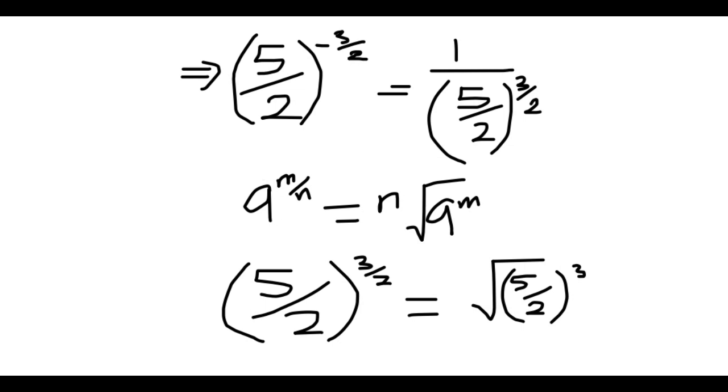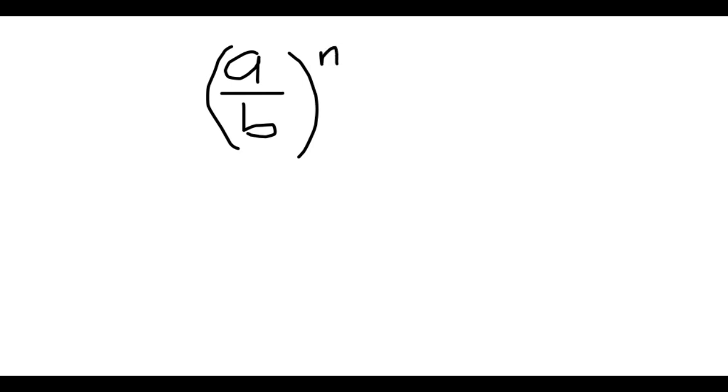We also need to consider another property which says (a/b) all to the power n can be written as a power n over b power n.